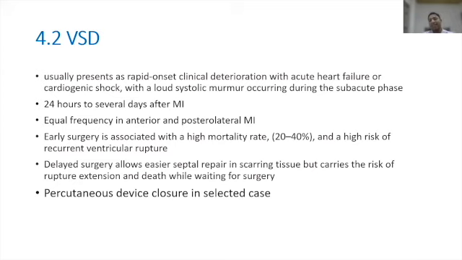So that's the reason early surgery is associated with high mortality. But still, if a patient has high risk of death, we don't have any other option. But very interestingly, the last thing, percutaneous device closure, which we have performed in Sri Lanka almost 3 to 5 cases, and we were successful in 2, I think.